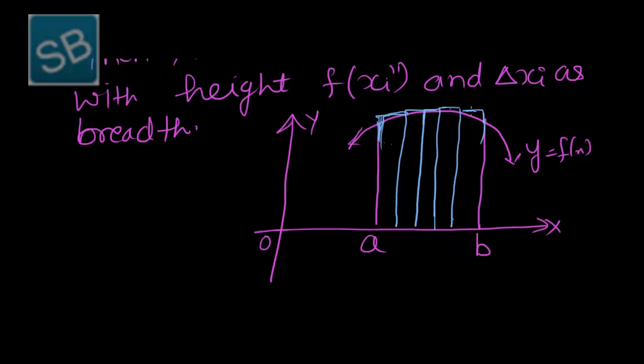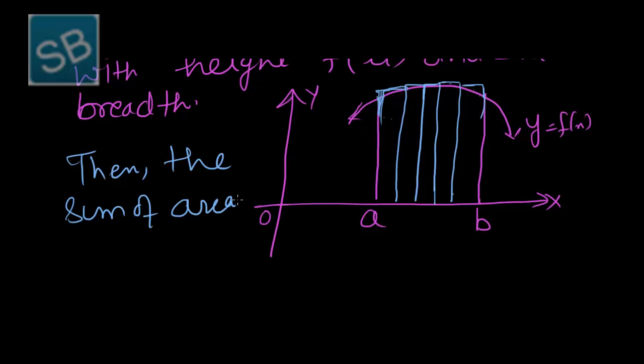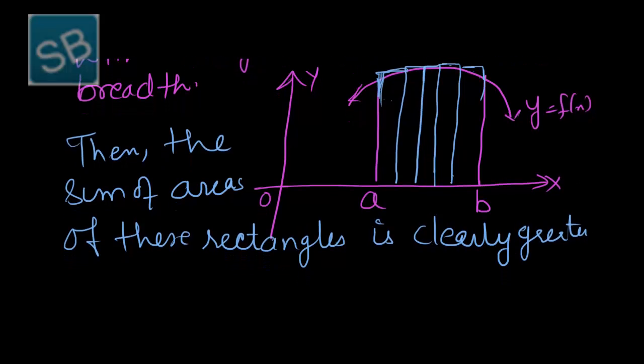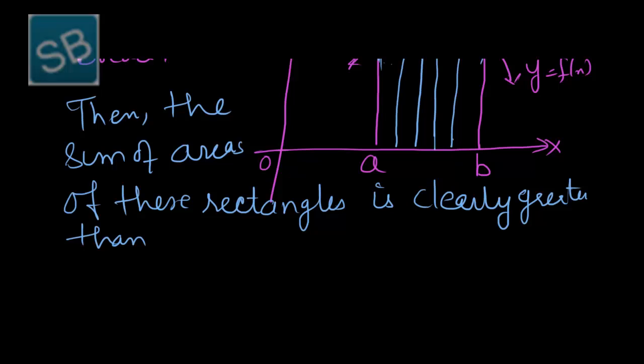So if we see, this is the extra area. So we can say that the sum of area of these rectangles is clearly greater than the area A, which we are trying to find.